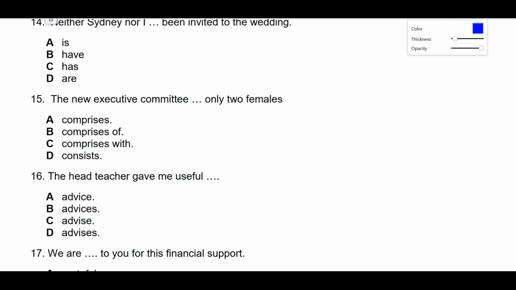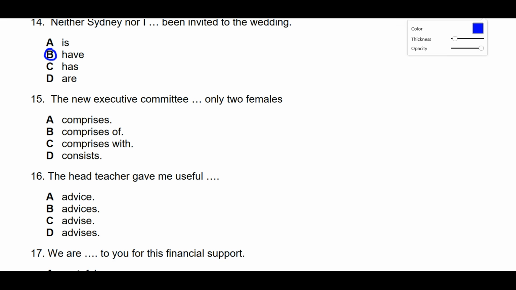For number 14, we have: have been invited, has been invited, or are invited. So, neither Sydney nor I have been invited to the wedding.